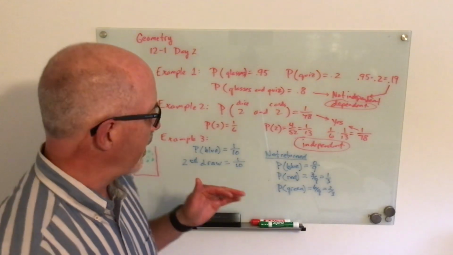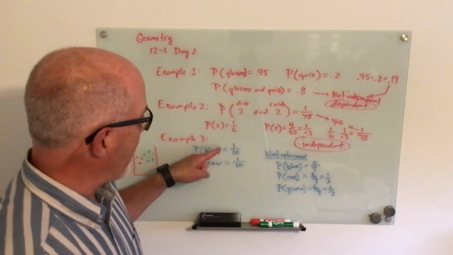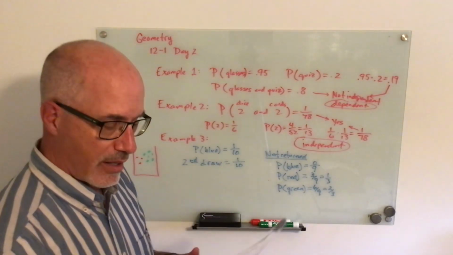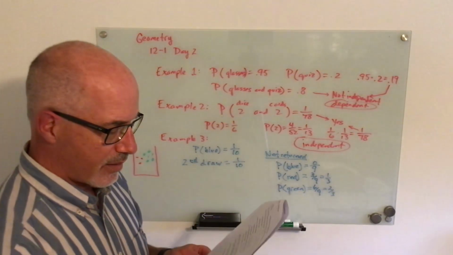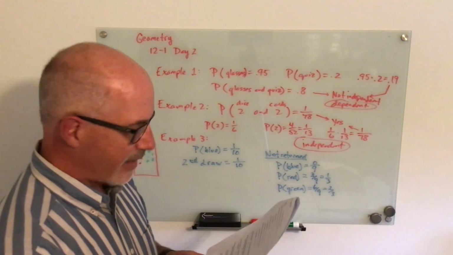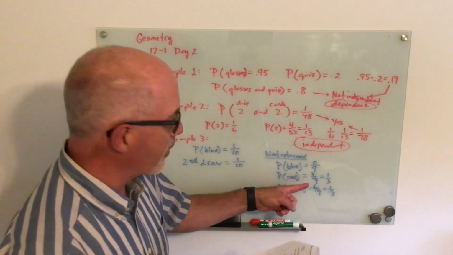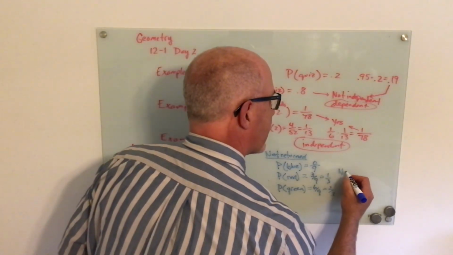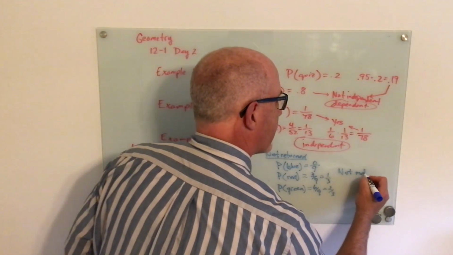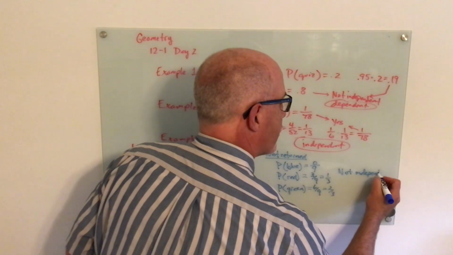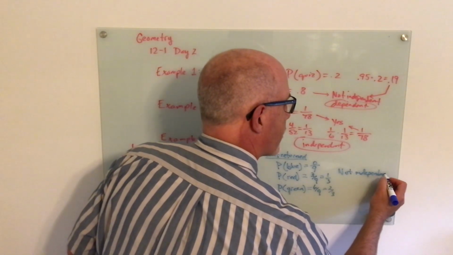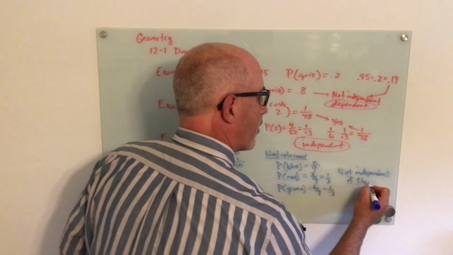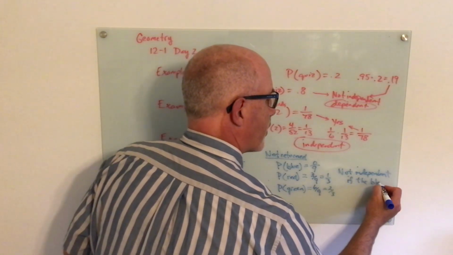So if the marble is returned to the bag, they are independent because it's the same probability. But if it changes, if we don't return it, so it's not independent, if the blue marble is not returned.